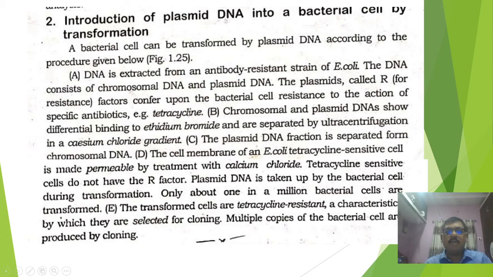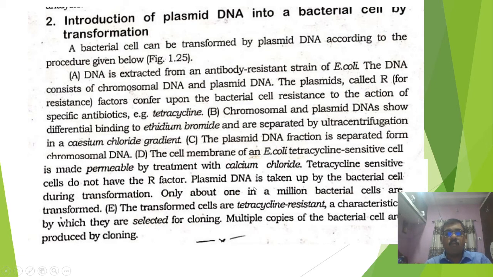This plasmid confers resistance to different antibiotics, like tetracycline, on the bacteria. The chromosomal and plasmid DNA show differential binding to ethidium bromide, and the plasmid DNA fraction is separated from the chromosomal DNA. The cell membrane of the tetracycline-sensitive E. coli cell is made permeable by treatment with calcium chloride.